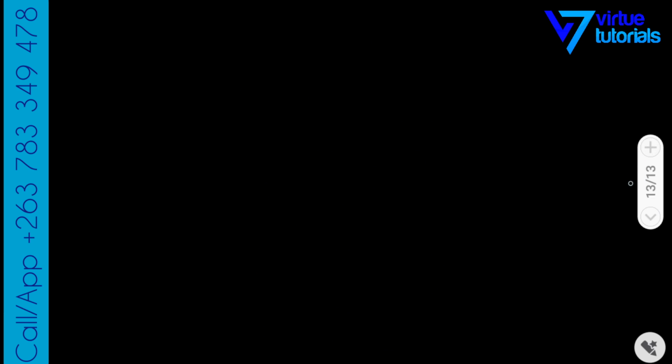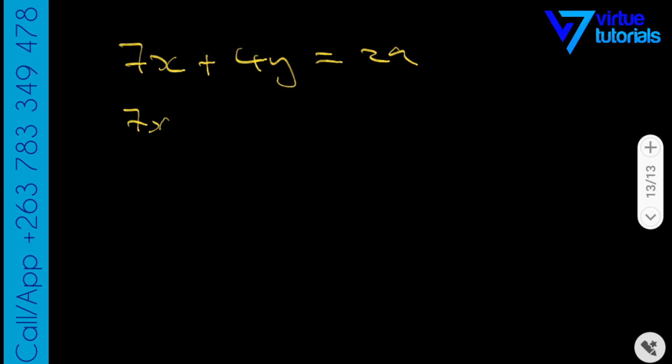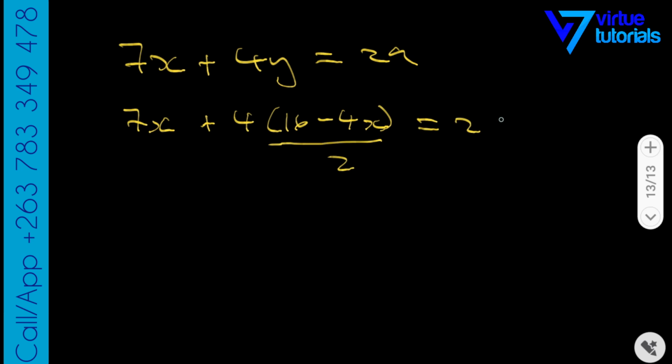So equation 1 is 7x plus 4y is equal to 29. I remove y and put 16 minus 4x over 2. So 7x plus 4 times 16 minus 4x all over 2 is equal to 29, right?